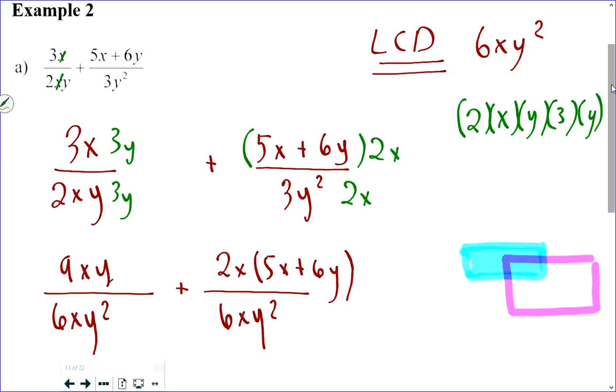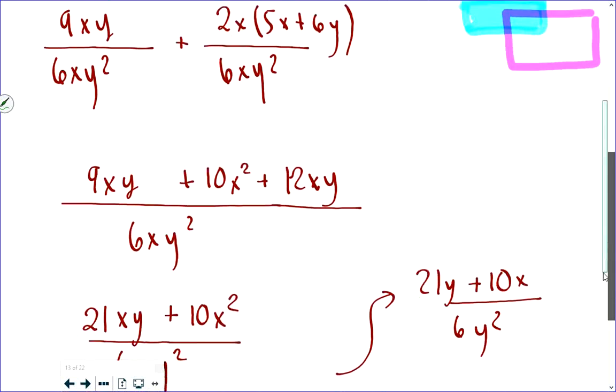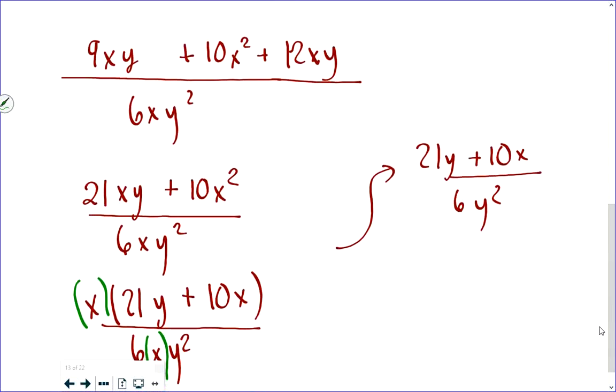I can cancel x on the top of the first rational expression with x on the bottom of the first rational expression, because x is a factor of the top and a factor of the bottom, which would have changed my common denominator to 6y squared, and we would have gotten there a little bit quicker.